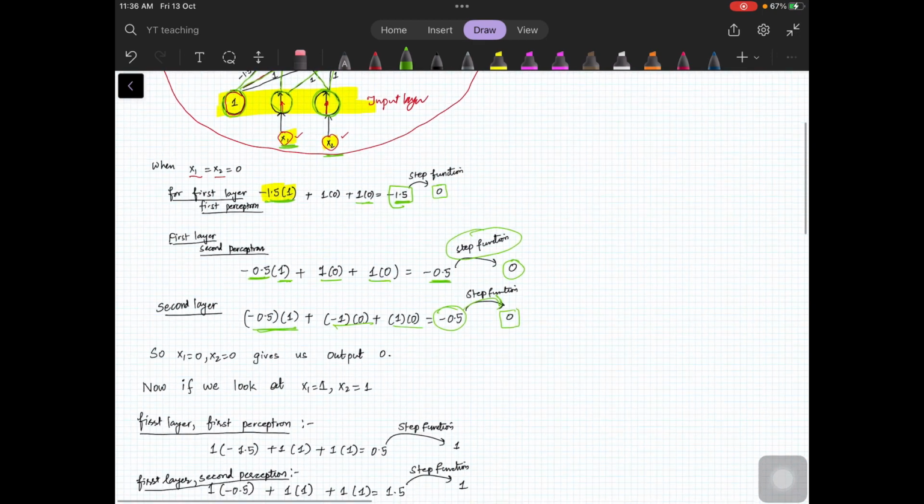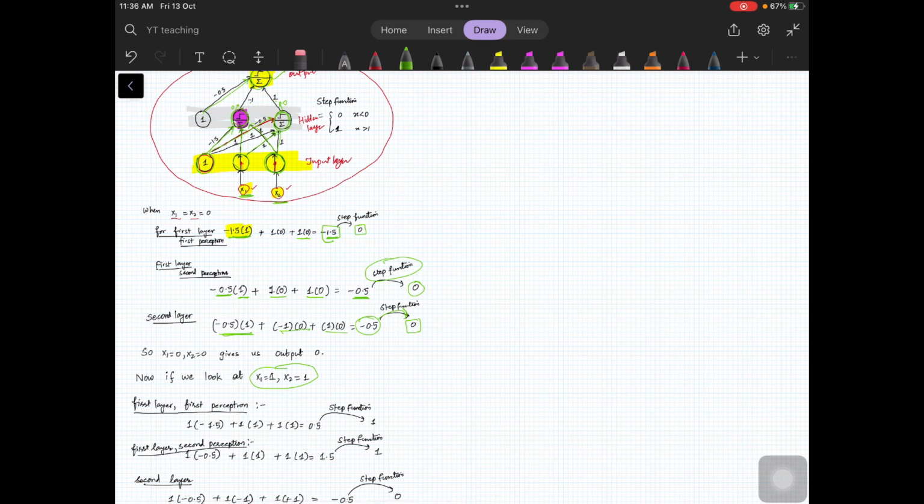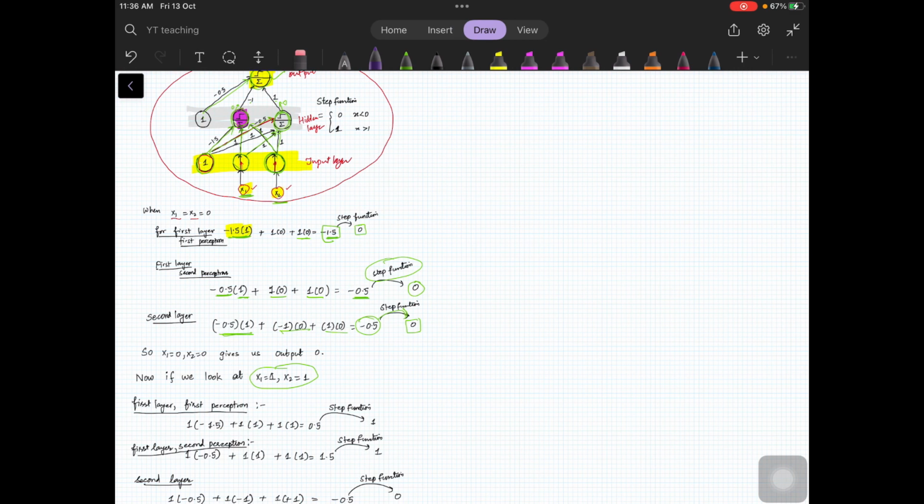Now if you take 1, 1, you can do the same thing. When you have 1, 1, from here you will have minus 1.5 into 1, and then 1 into 1, and 1 into 1.